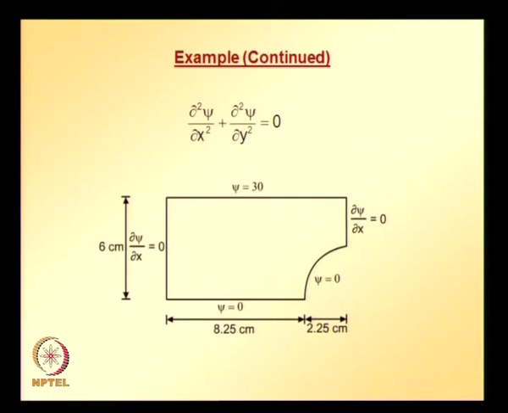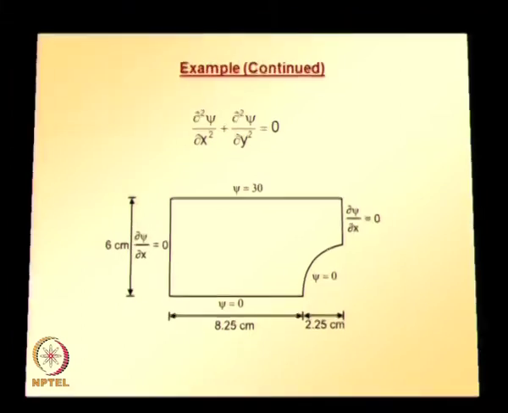Now, everything is given to us. Our job is to compare this governing differential equation with the general 2 dimensional boundary value problem, and compare the corresponding boundary conditions with those of this particular problem, identify the coefficients, and write the finite element equations.